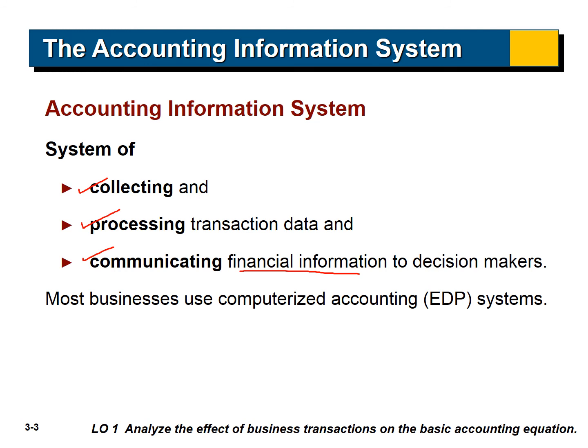So the accounting system is going to collect all of that information, process it, and then communicate it. We're going to tell others about it. And most businesses use a computerized system, or EDP for electronic data processing. Even smaller companies use accounting software like QuickBooks and such.